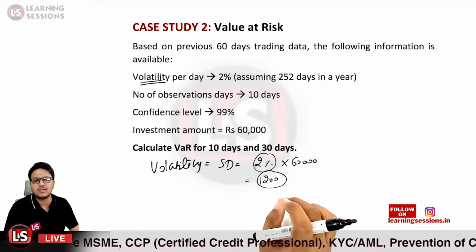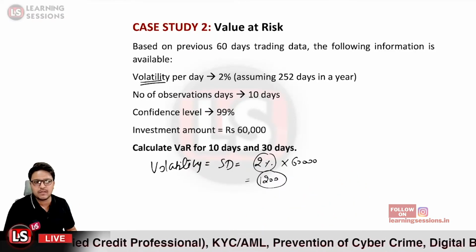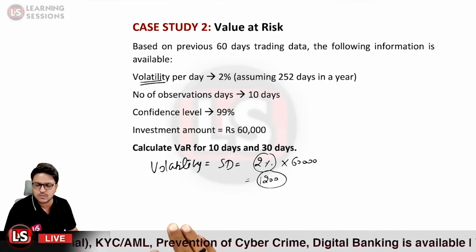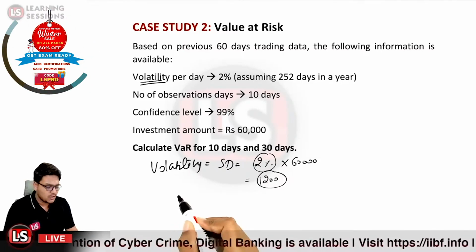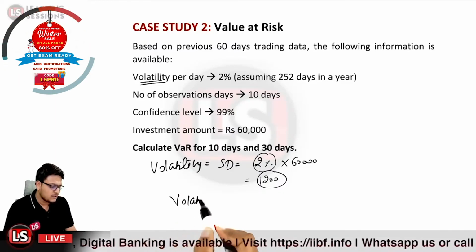Okay, and further, when we were to calculate the volatility over a different time horizon, that was also possible. If you remember, we have the formula related to that, that is the standard deviation over a time horizon.